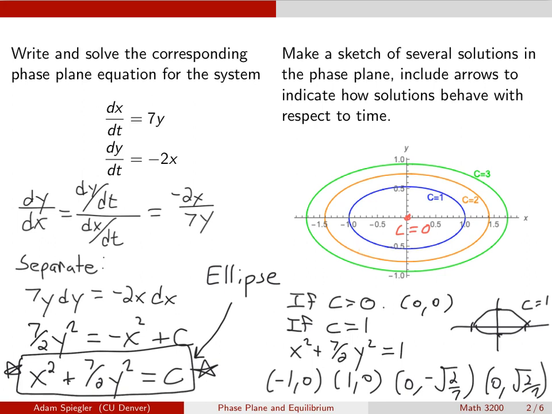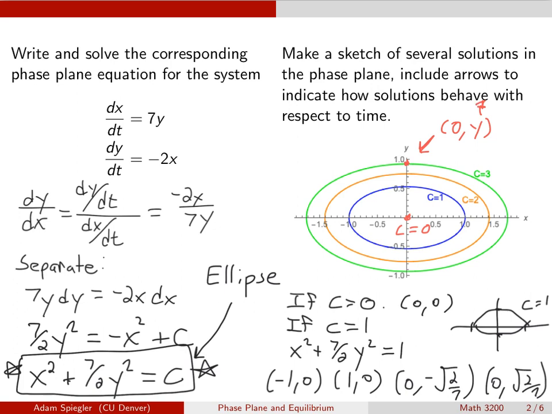We can figure that out by thinking about the signs of dx/dt and dy/dt. For example, if I were right up here at this point on the curve for c equal to 3, what we know is that x is 0, y is not 0. In fact, y is a positive number up here.